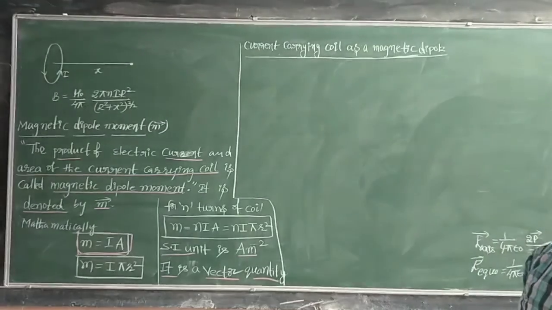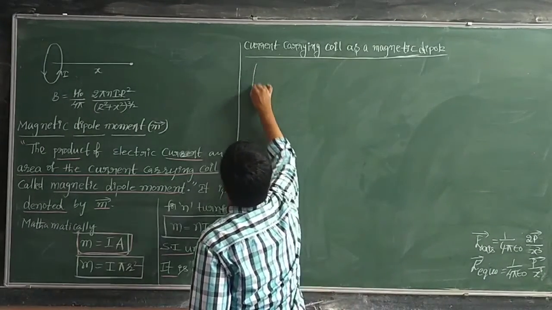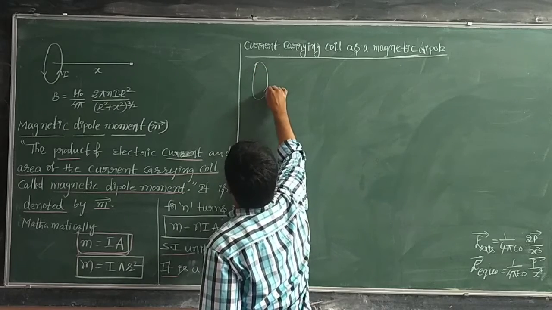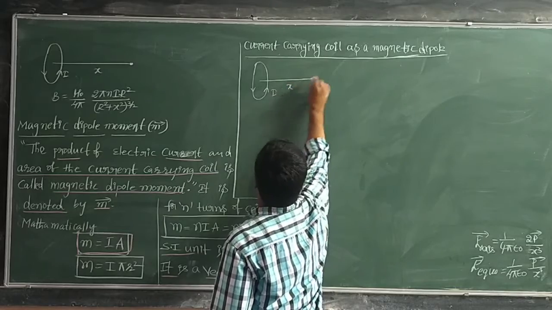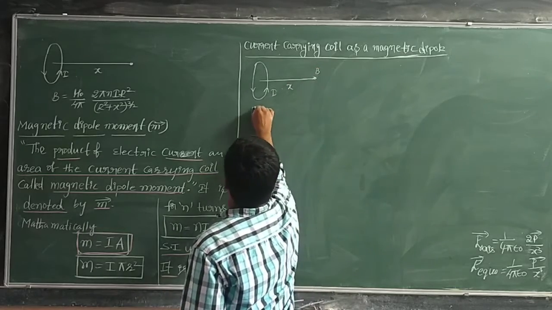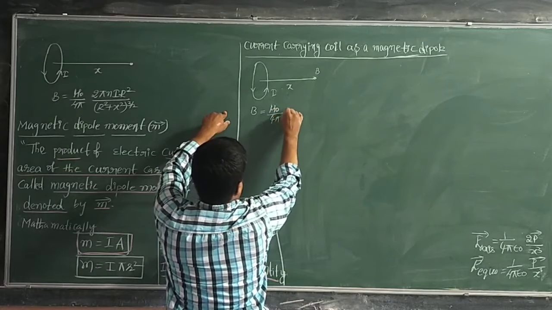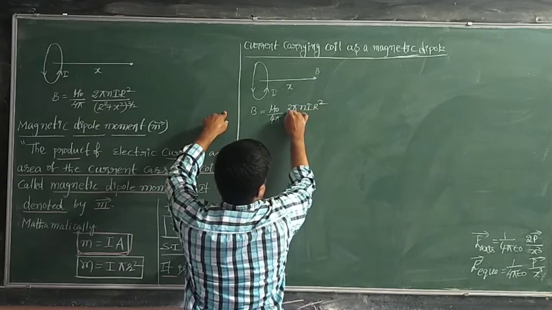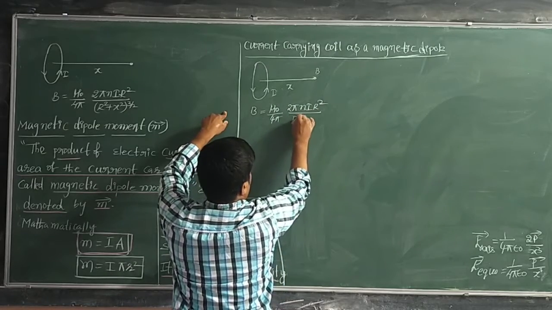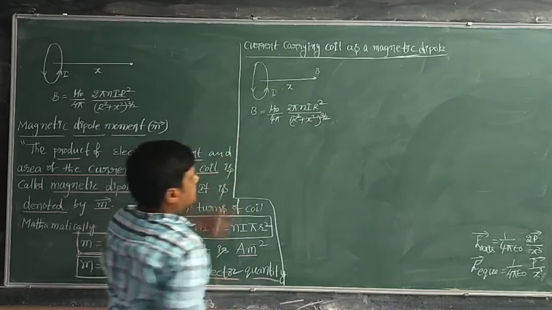In terms of the magnetic dipole moment, if you write, yes, it is correct. Now this is the current carrying coil, and current I is flowing. Due to this current, at a distance x, the magnetic field B equals mu naught by 4 pi into 2 pi n I r square divided by (r square plus x square) whole power 3 by 2.